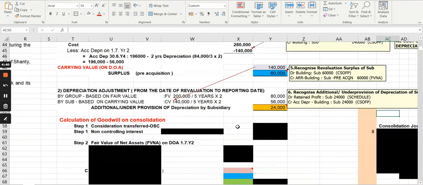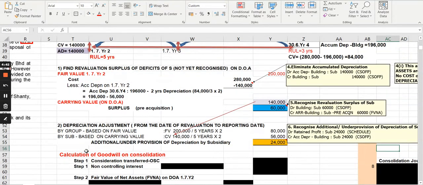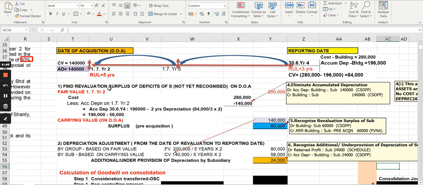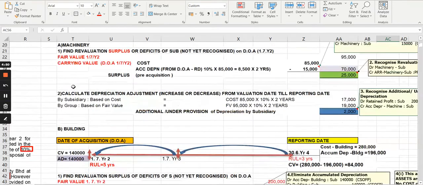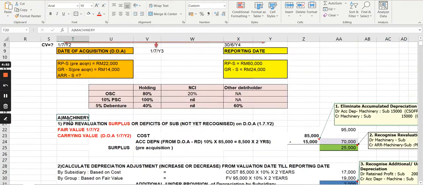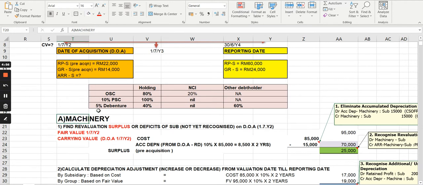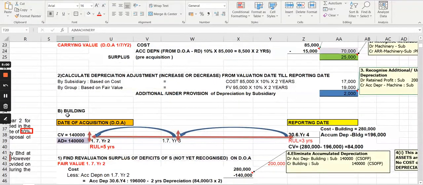We are going to also look at the impact of our first two adjustments, which is on surplus on revaluation of machinery, which is the one here. I put a different color, and I will enlarge the size. Yeah, put it red. And for building, I put a different color.